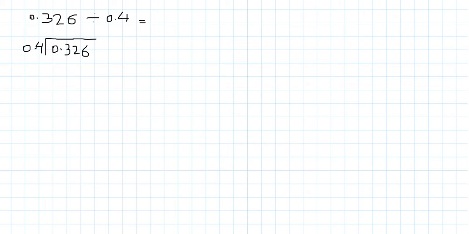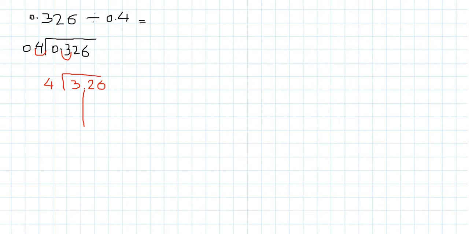How many jumps should the divisor have? The decimal in the divisor should have one jump to go out of the number, so it has one jump. So my new division is 4 here in the divisor and 3.26 here.